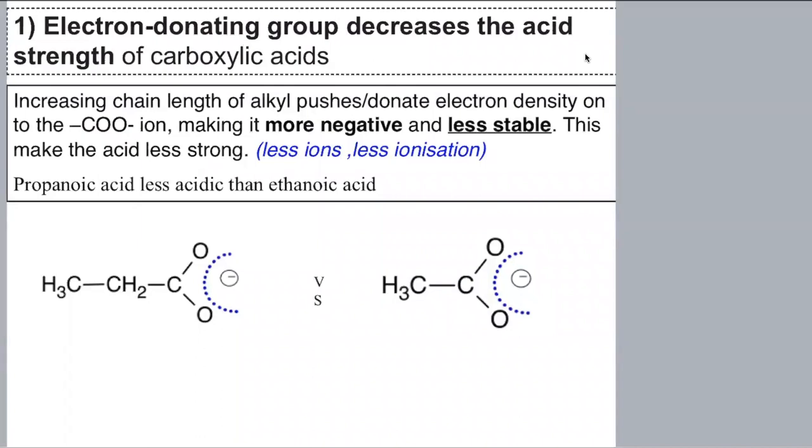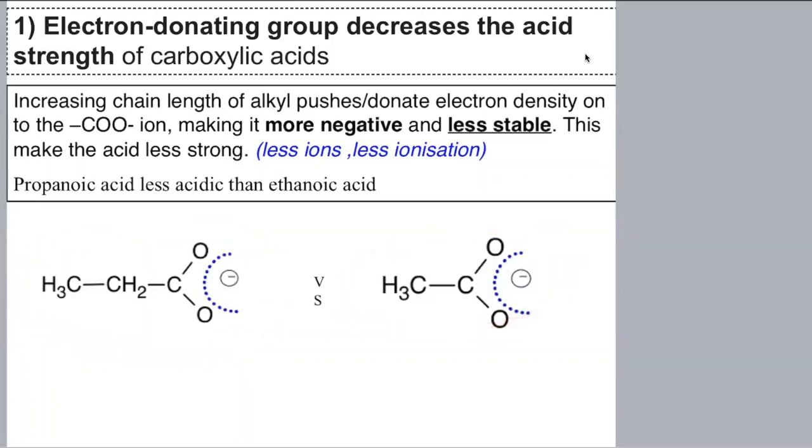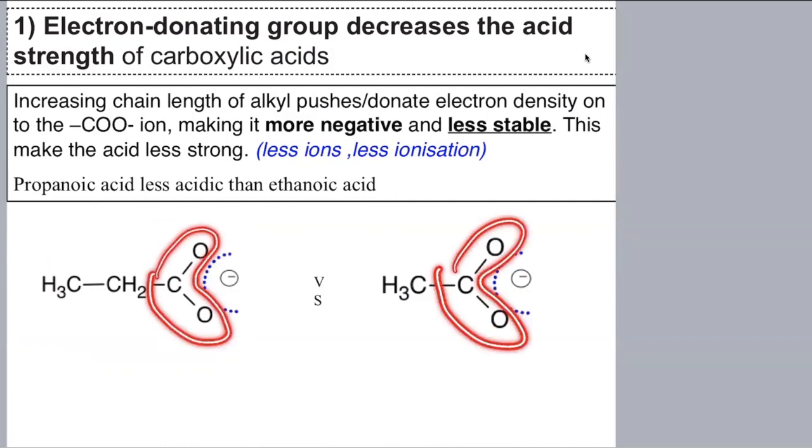If you want to compare the acidity of propanoic acid and ethanoic acid, here is a propanoate ion. You cannot talk about the delocalization. You can't say that one has better delocalization than the other, no such thing.